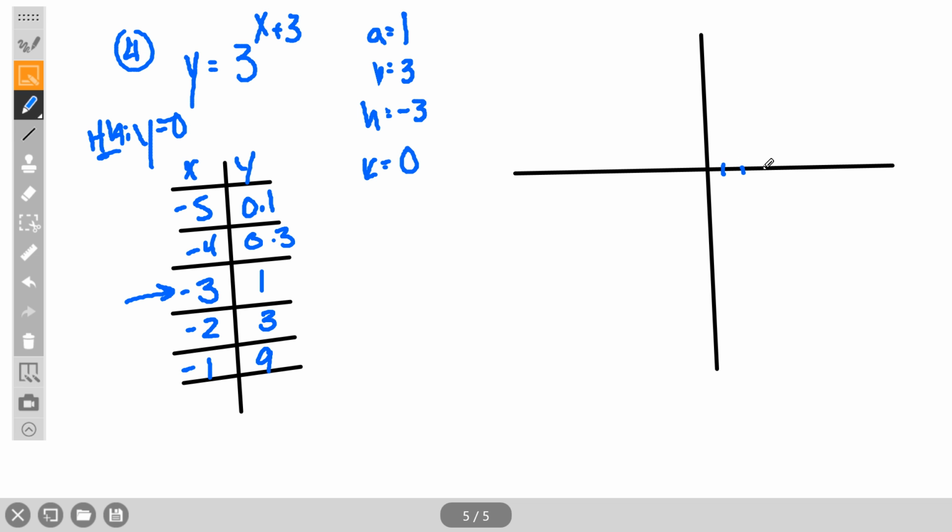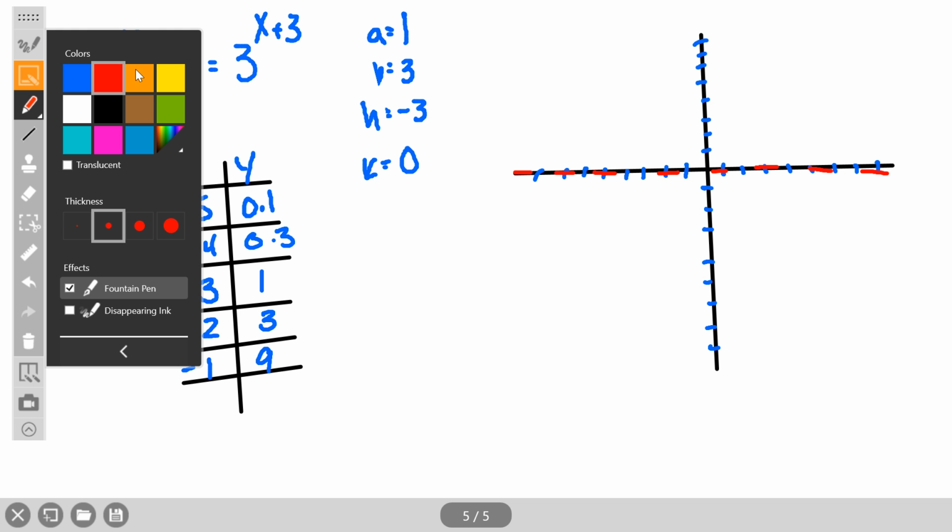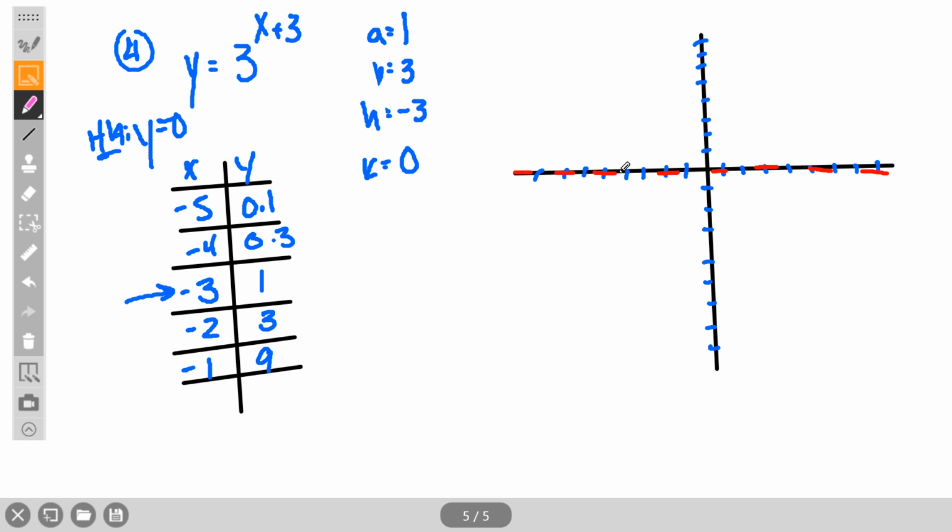Now we can draw a sketch. Start with the asymptote, so it's at 0. -5, 0.1, which is like right here. -4, 0.3, which is a little bit above that. -3, 1. -2, 3. And -1, 9, which is up here.